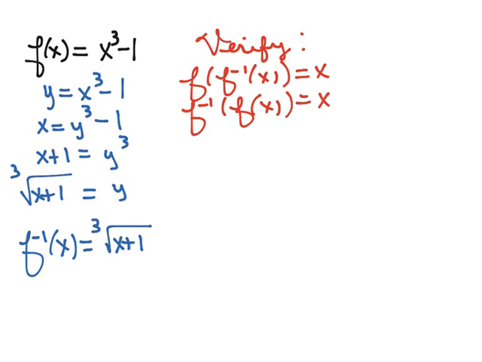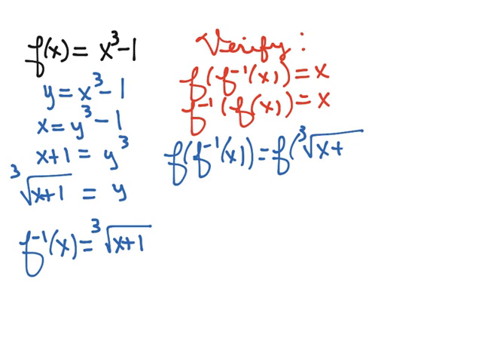So let's use function composition to prove that we really found f inverse. If we find f of f inverse of x, then that means we're going to find f of the cube root of x plus 1, which means we're going to substitute the cube root of x plus 1 in for x in f's equation.